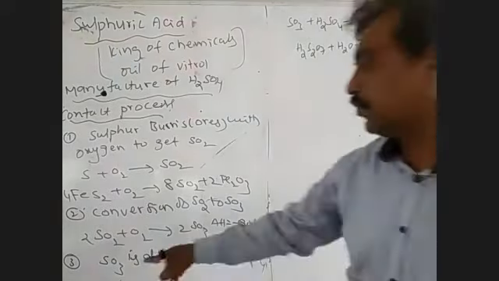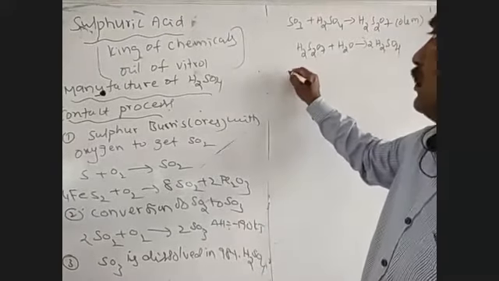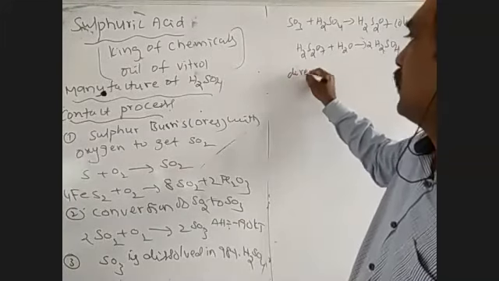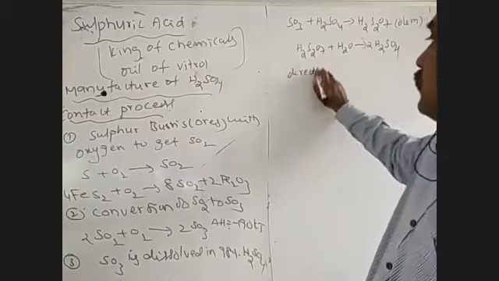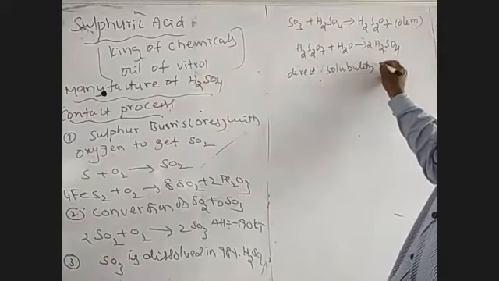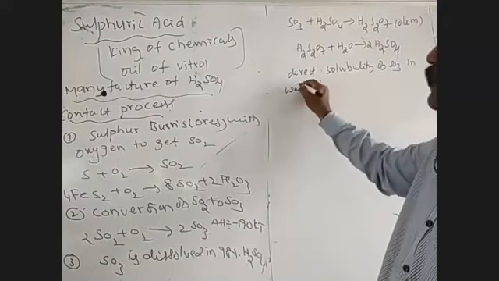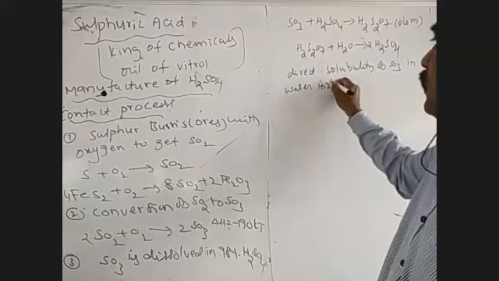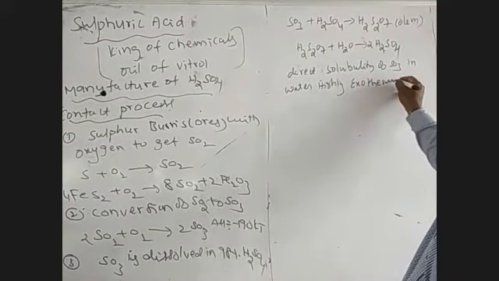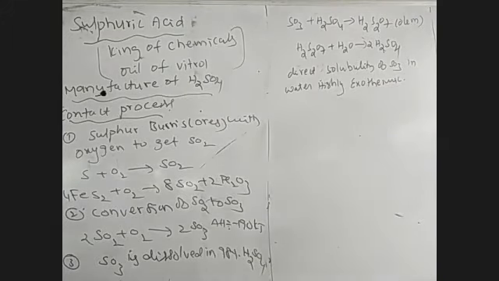Why is SO3 not dissolved in water? Direct dissolution of SO3 in water is a highly exothermic reaction. Due to this reason, direct dissolution of SO3 in water is not possible.